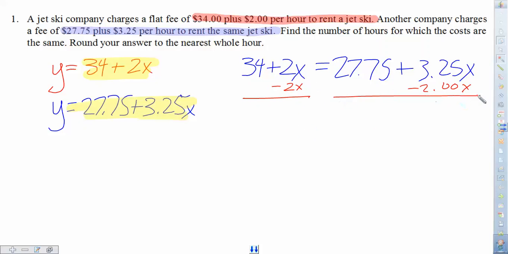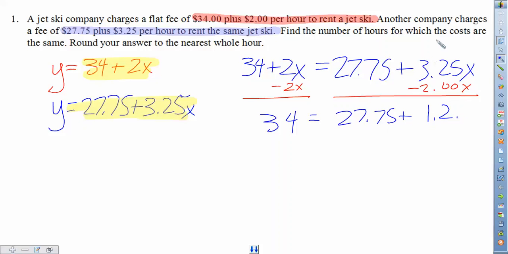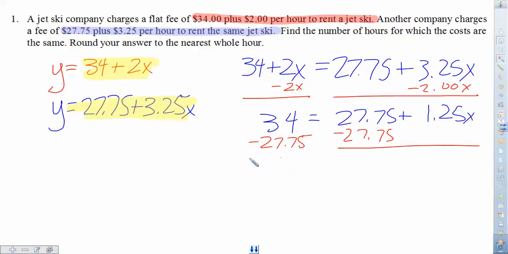Once we do that, now I'm staring at 34 being equal to $27.75 plus 1.25 times x. Next move, let's subtract the 27.75 from both sides, and let's figure out what we got from there.